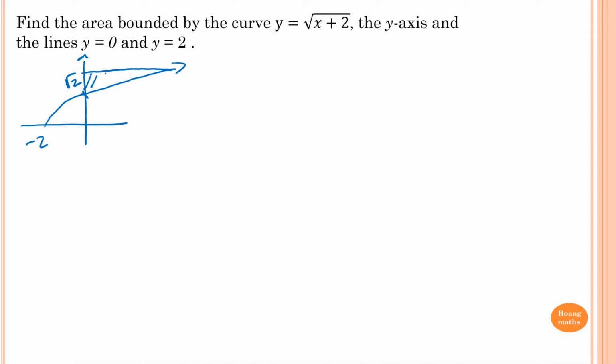We need to find this area and this area here, because it's bounded by this curve, the y-axis, y equals 0, and y equals 2. So 0 all the way to 2, and the curve. First, we name this area 1.